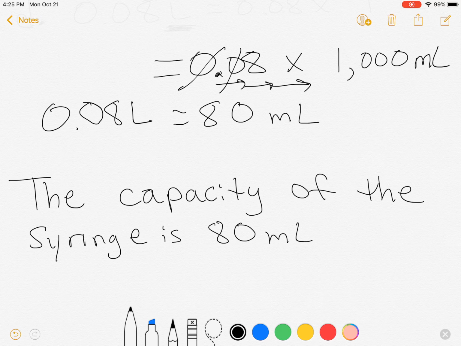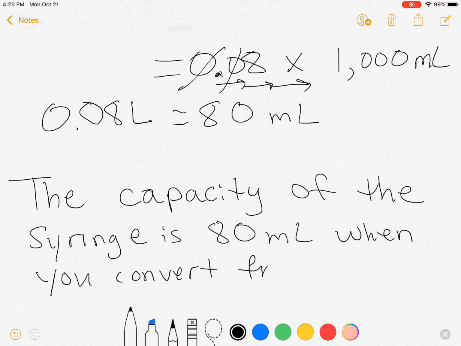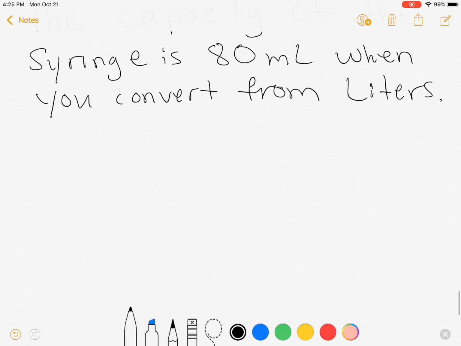From what? From liters. That was a little bit longer of a sentence, but that's fine. The capacity of the syringe is 80 milliliters when you convert from liters.